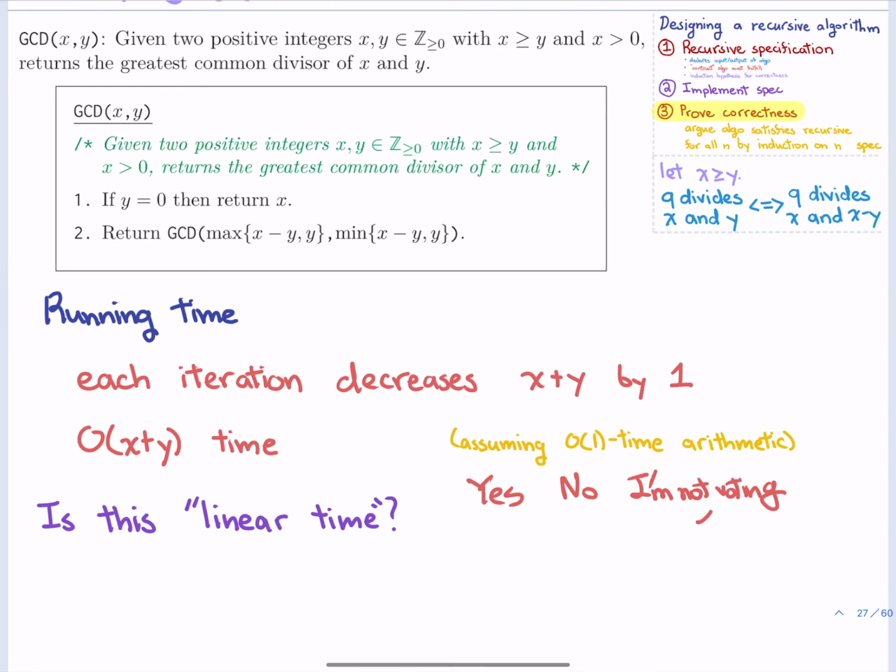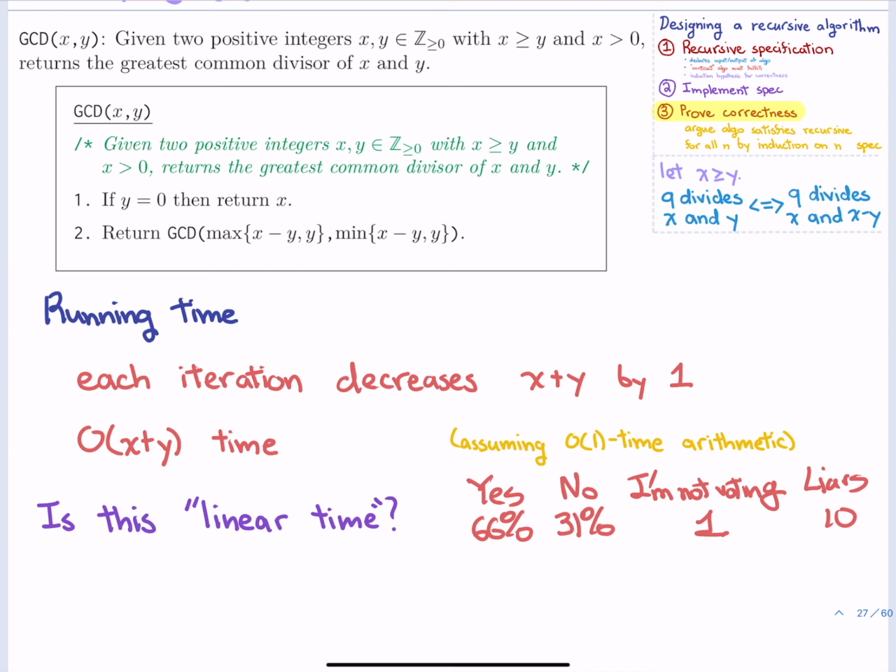All right, who thinks it's a linear time algorithm? I'd say that's like 66% of the class. Who doesn't think it's a linear time algorithm? I'd say that's like 31%. Okay, small category of liars. There's 10 of you.